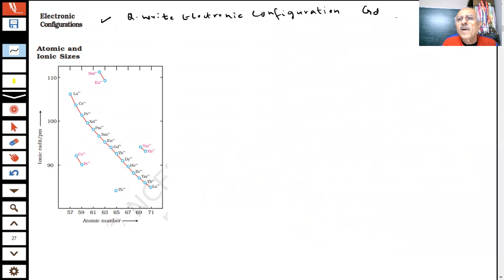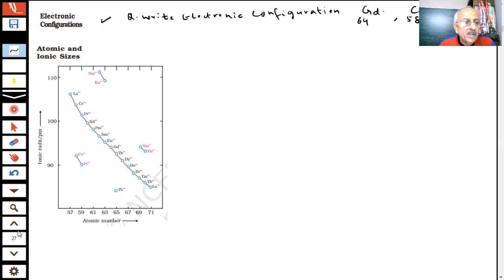Gadolinium, or they can ask for cerium 58. What is the atomic number of gadolinium? We just told you. Gadolinium is 64.